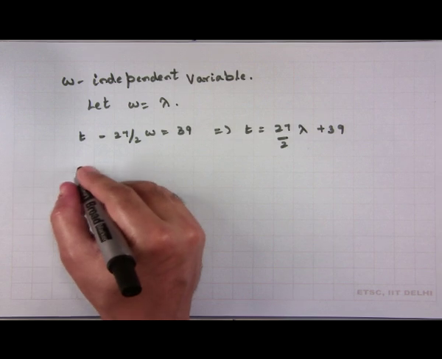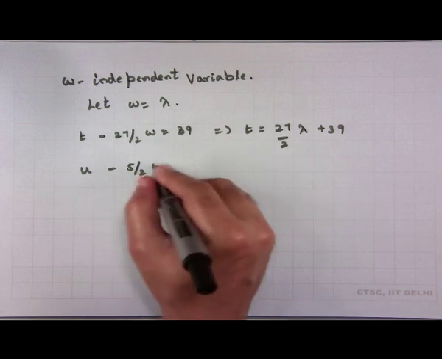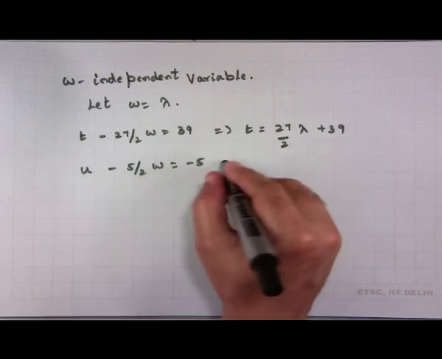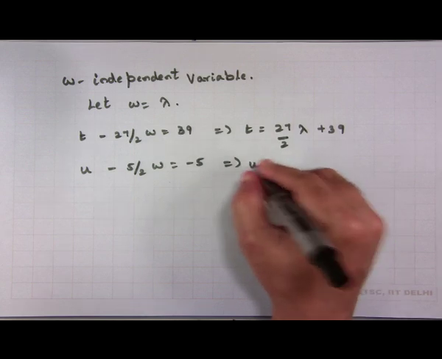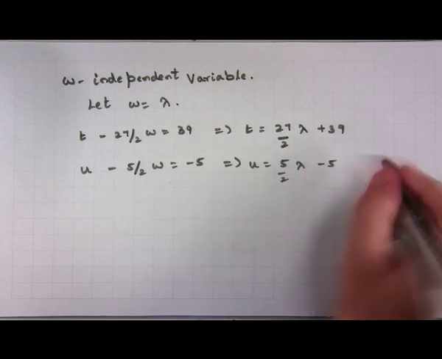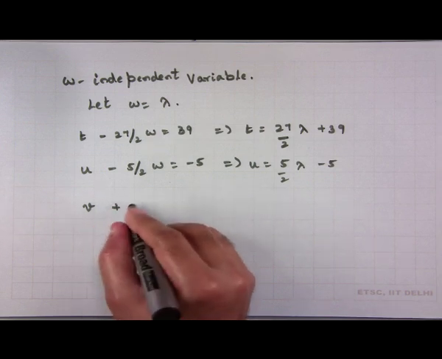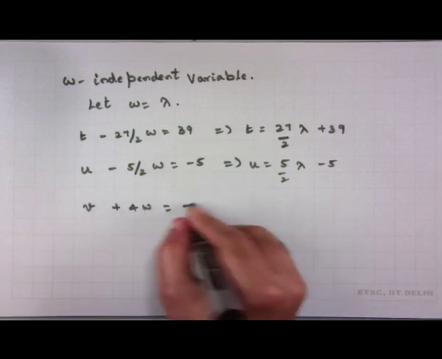Second one, u minus 5 by 2 times W is just minus 5. That will imply that u is 5 by 2 times lambda minus 5. V plus 4 times W is minus 10.